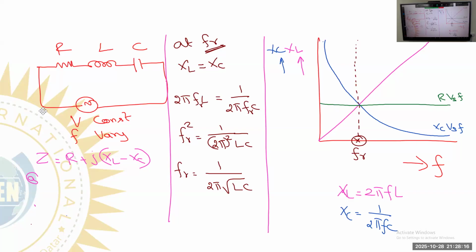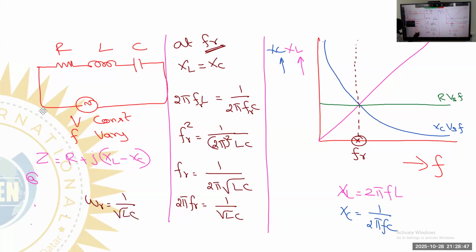Can we find the resonant frequency in terms of radian per second? In terms of FR, I write 2 pi FR is equal to 1 by root LC. Cross multiply. 2 pi F is equal to omega. So 2 pi FR is equal to omega R. So omega R is equal to 1 by root LC.